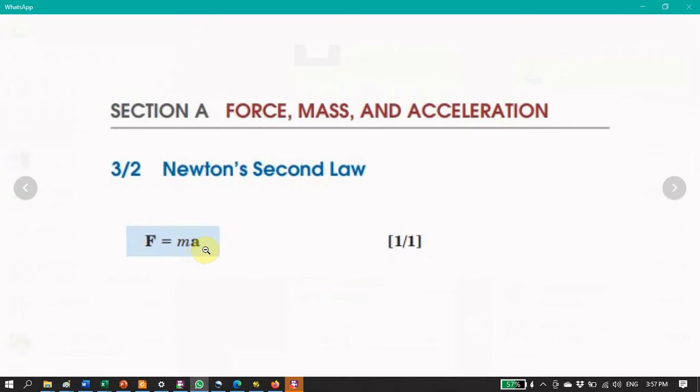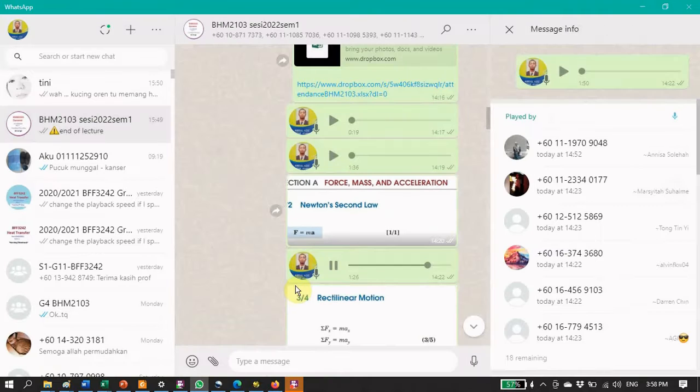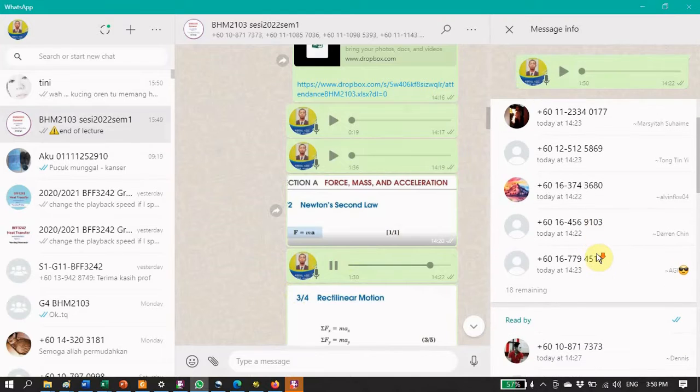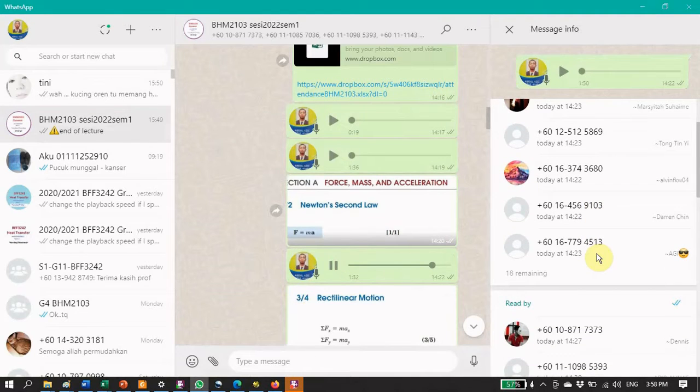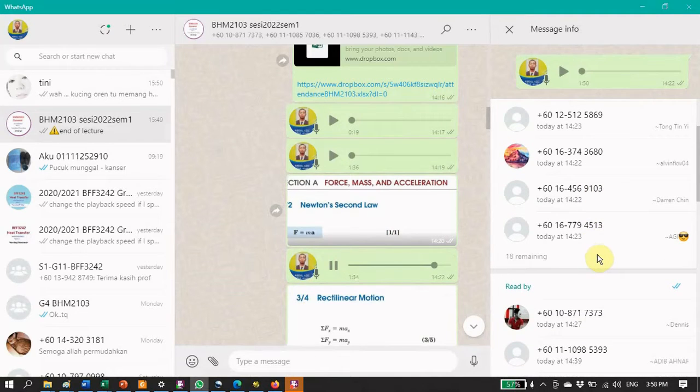And from that, we can produce an equation of motion. Here, we don't see any names, right? So we just say that it is a governing equation of motion.